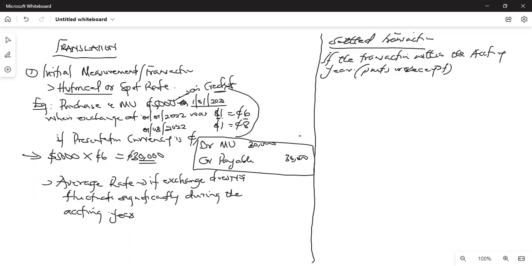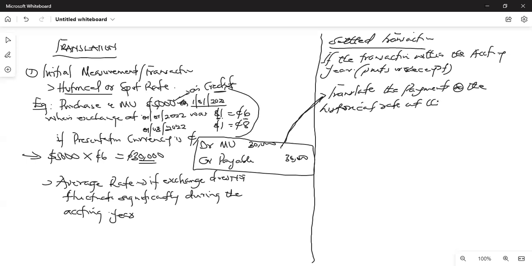So this one, what is going to happen is that if we are going to pay, we will have to pay and translate the payment at the historical rate at the date of payment. At the date of payment. That is what is going to happen.